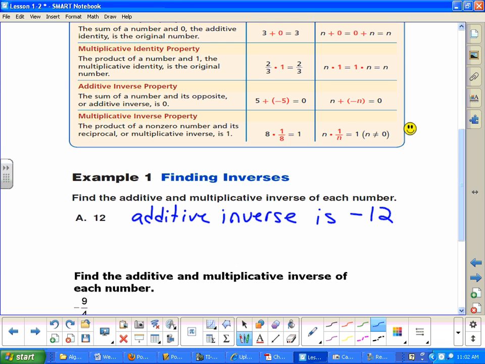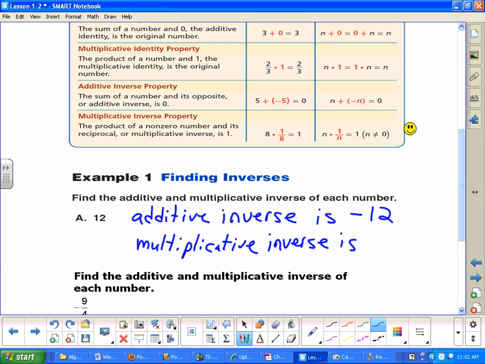The multiplicative inverse. When we multiply them together, I get 1. So that means I need to multiply that number times its reciprocal.